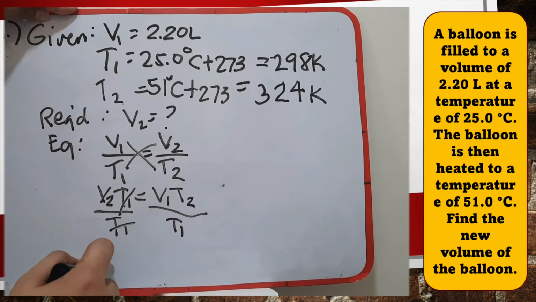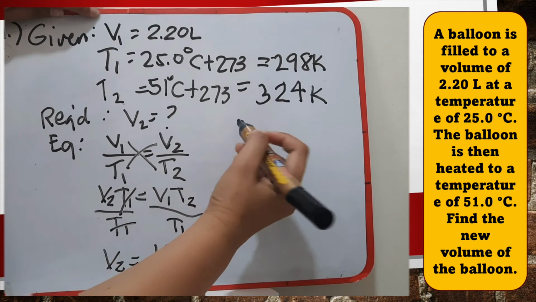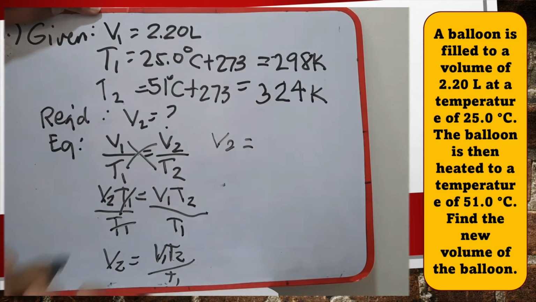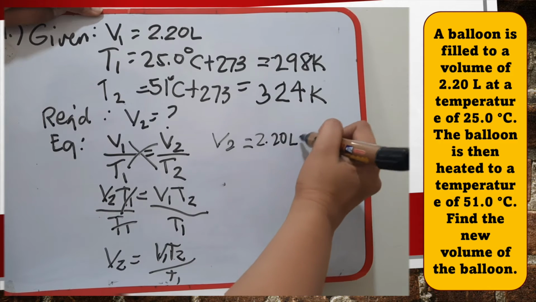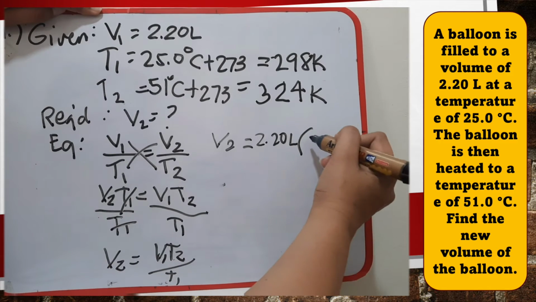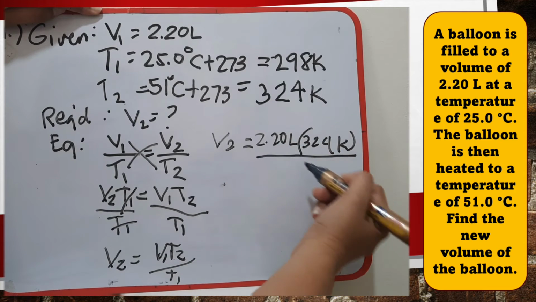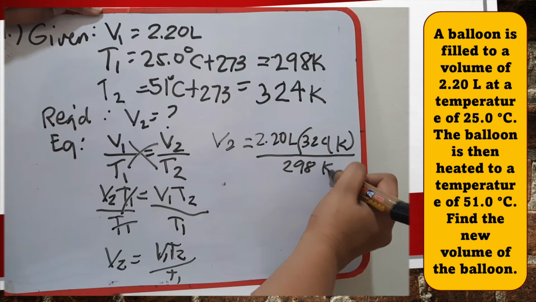Then, we have our new formula, which is V2 equals V1 times T2 over T1. So, to solve, V2 equals 2.2 liters multiplied by T2, which is 324 Kelvin, divided by our T1, which is 298 Kelvin.